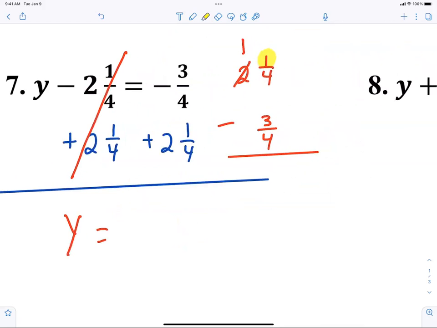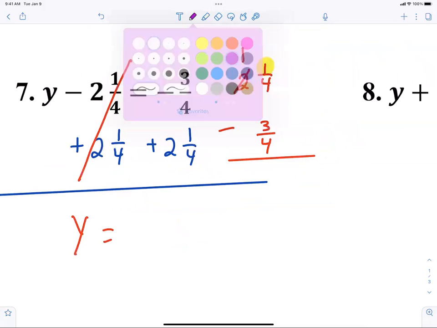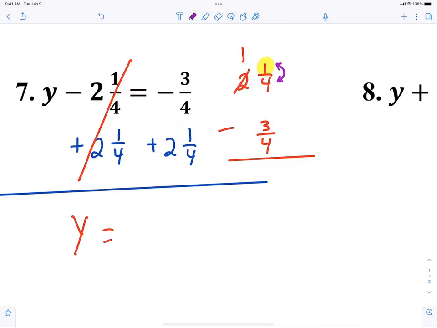When you borrow for fractions, you must remember that you're adding the numerator and the denominator. So that becomes a 5/4. All right, that's why we're reviewing. Now, again, 5 minus 3 is what? 2/4, and we're left with 1 2/4, which everybody knows reduces to 1 1/2.